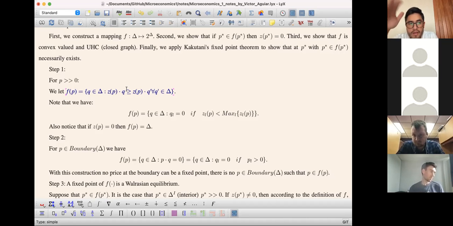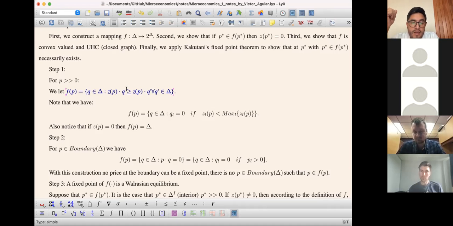So this is just an implication of the previous part. Remember here that if some price went to 0, then essentially you have this infinite demand. Here you have that if the actual demand at P is less than the maximum with respect to all goods, then the price that is going to be satisfying the above condition has to be equal to 0. That's the only thing that works.